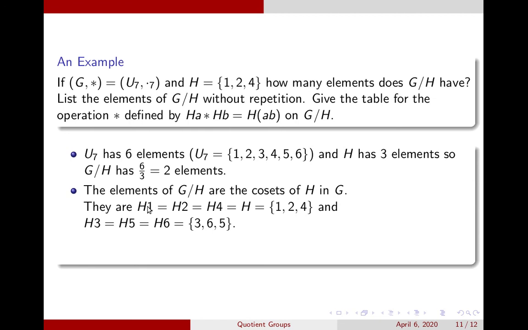There's H times 1, which is simply H. And that's the same as the right coset determined by 2 and the right coset determined by 4. And the other right coset is the right coset determined by 3, which I calculated to be {3, 6, 5}. So this will also be the right coset determined by 5 and determined by 6.